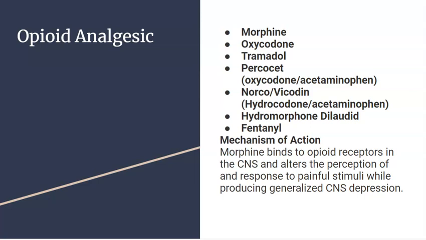We know that somebody that has a tolerance for opioids may need larger amounts of medication for actual pain management. The same occurs with somebody that has an addiction. And the reason for that is because the overuse of the medication will reduce the amount of receptors that can bind in order to give that pain management.